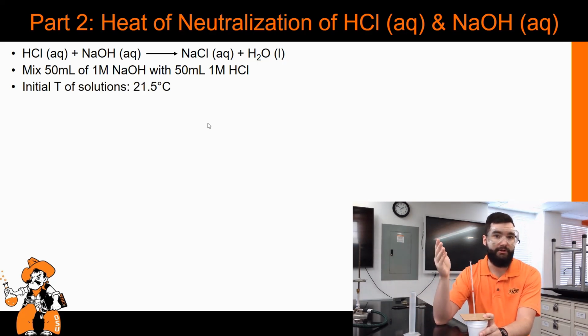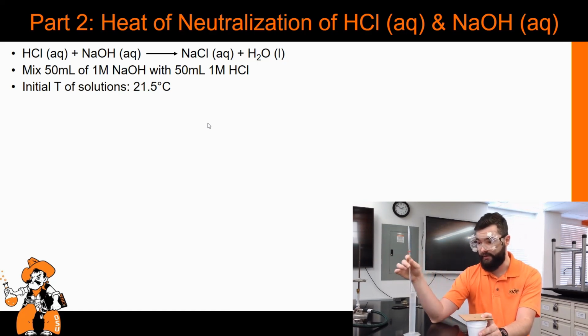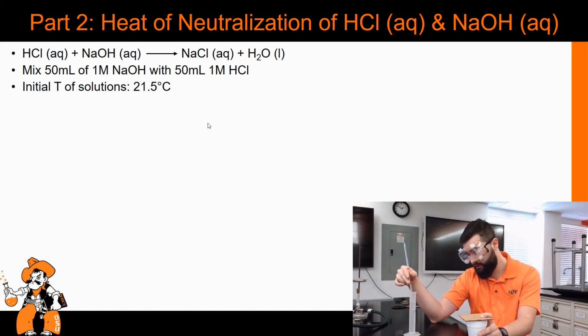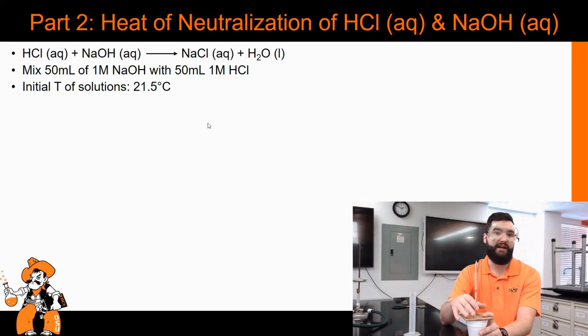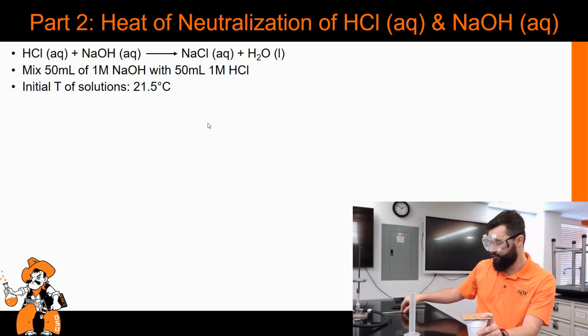My initial temperature of the sodium hydroxide was 21.5 degrees Celsius, and my initial temperature of the hydrochloric acid is going to be the same. They were both in containers right next to each other. So the initial temperature of both the hydrochloric acid and the sodium hydroxide was 21.5 degrees Celsius.